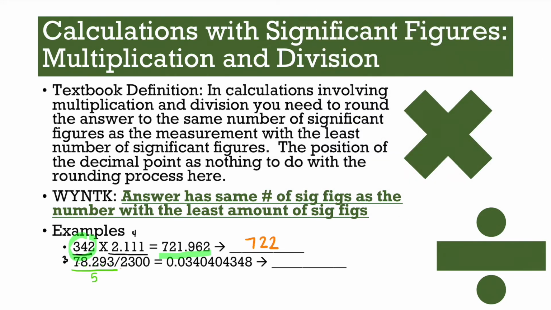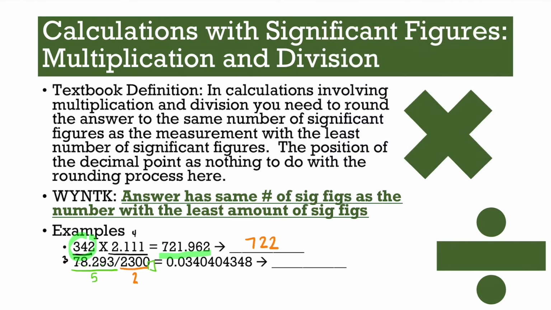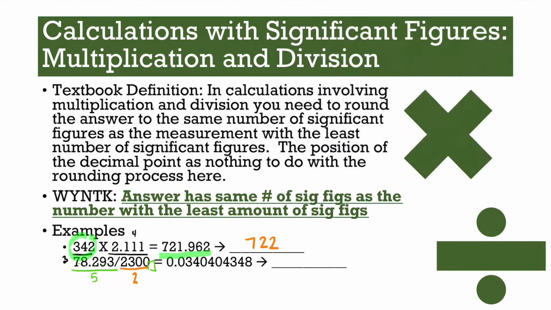Now, how many significant figures are in this number? Hopefully you said 2. It's 2 because there is no decimal point, and with no decimal point, the trailing zeros are not significant. So that means our answer needs to have 2 significant figures.